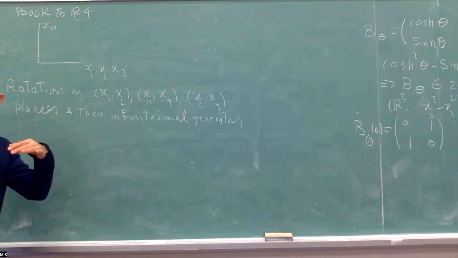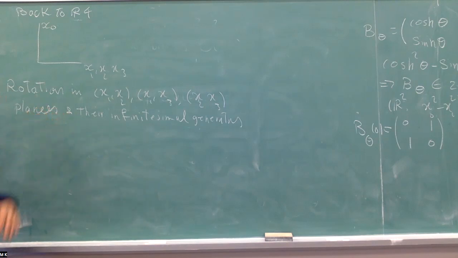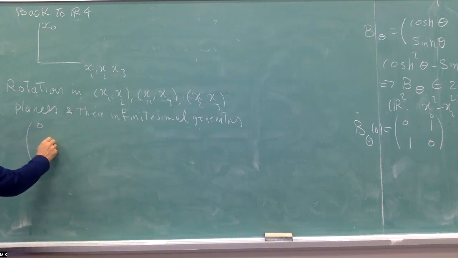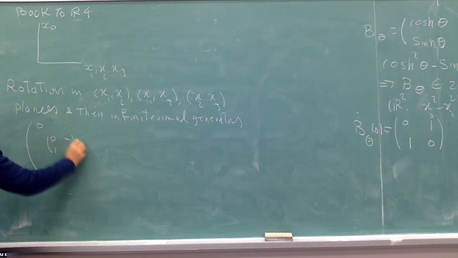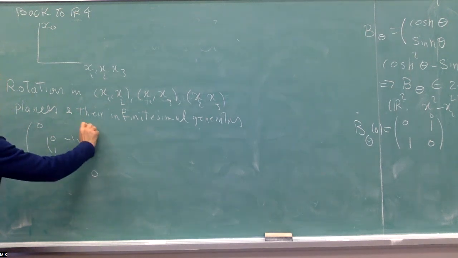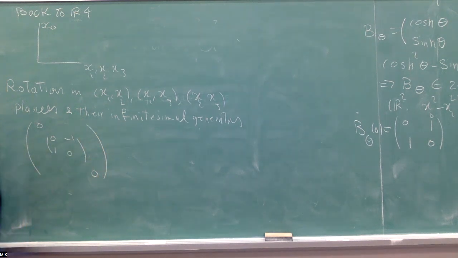It leaves x3 and x0 unchanged, right? So we get the following matrix. So here is 0. Here for x1, x2, we get this 2 by 2 matrix. You remember what it was? 0, minus 1, 1, 0. And then there is 0 here. So it doesn't do anything on x3, doesn't do anything on x0, but on x1, x2 it changes.